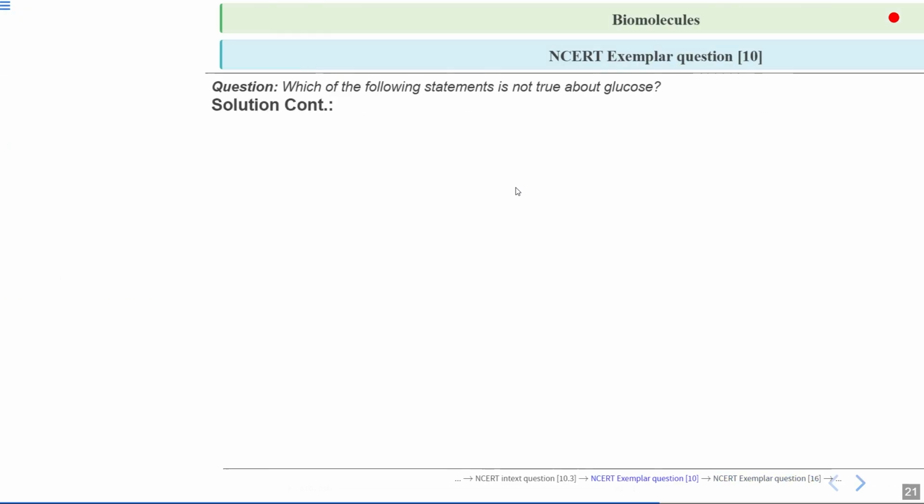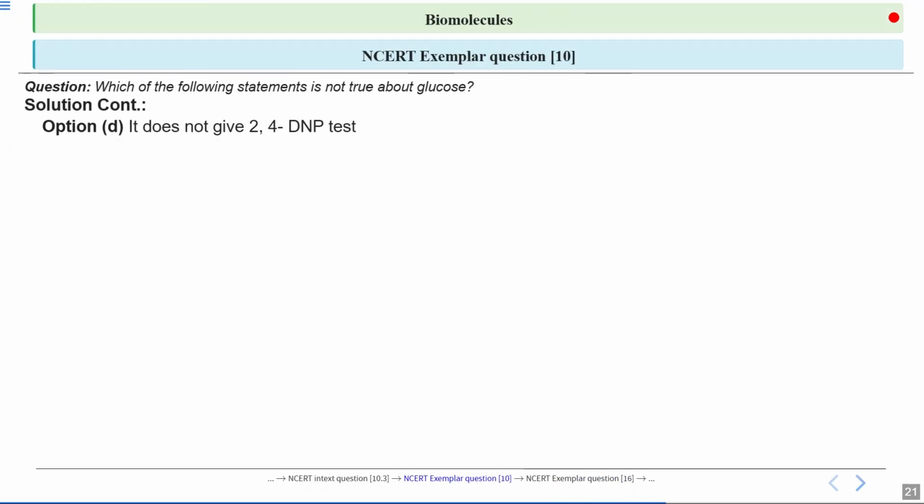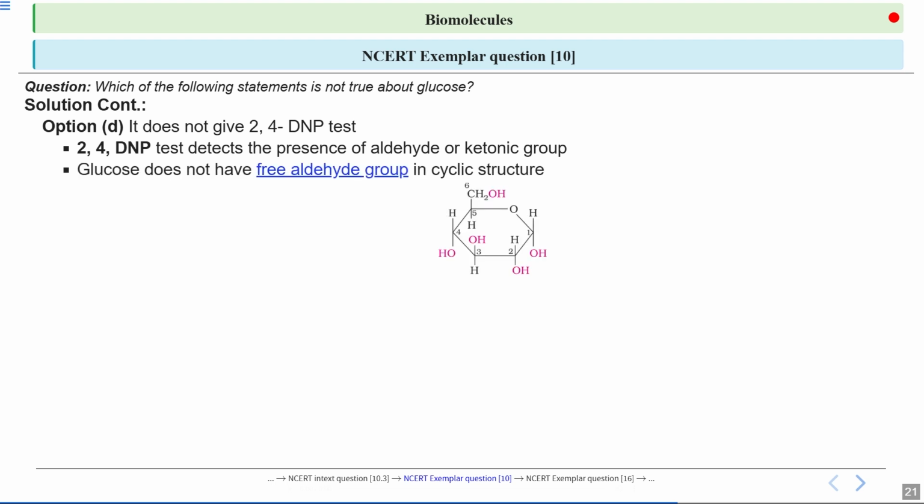Now if I talk about option D, it is saying it does not give 2,4 DNP test. The 2,4 DNP test is used to detect the presence of an aldehyde or ketone group in the molecule. In its cyclic structure, glucose does not have a free aldehyde group available to react in the 2,4 DNP test.